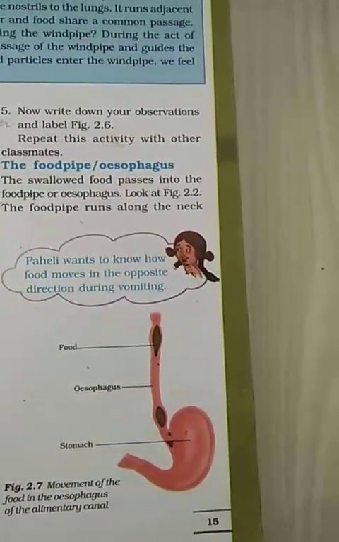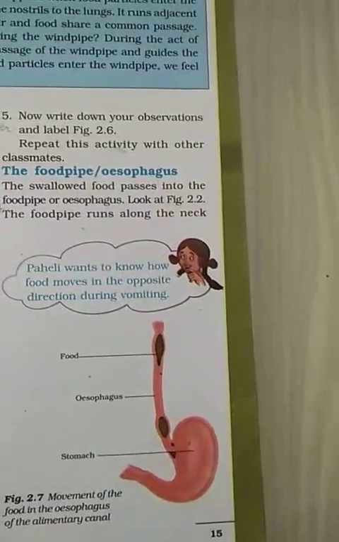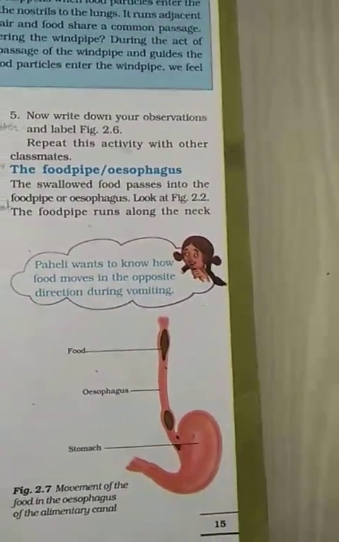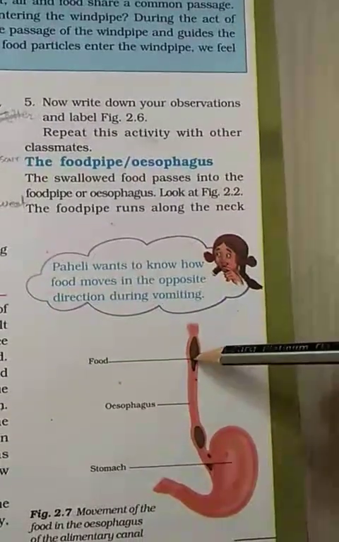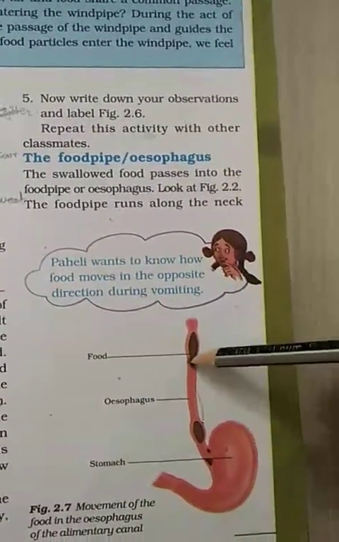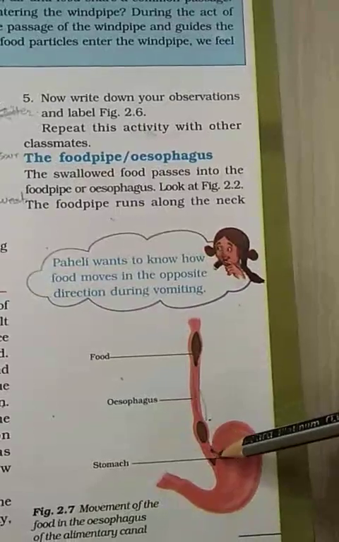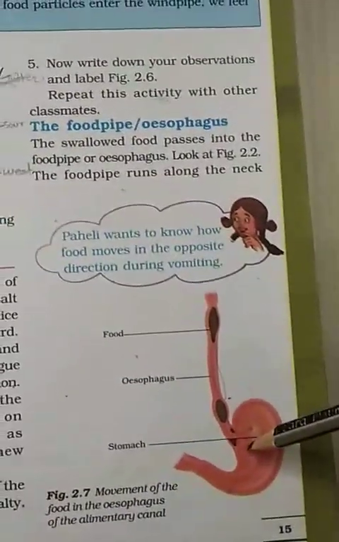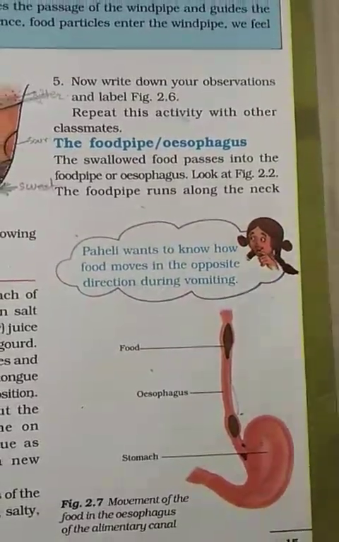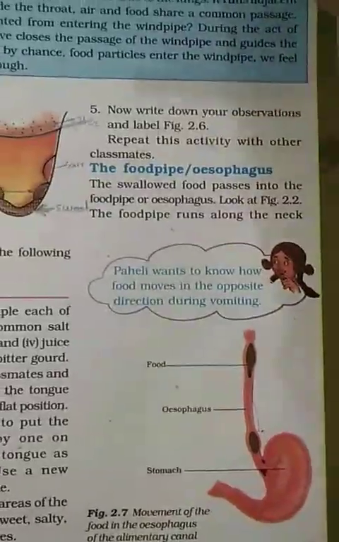The food pipe runs along the neck. Here the food is there. This is the esophagus, and the esophagus is connected to the stomach. The movement of the food in the esophagus of the alimentary canal.